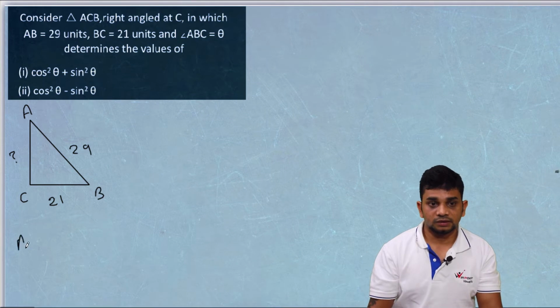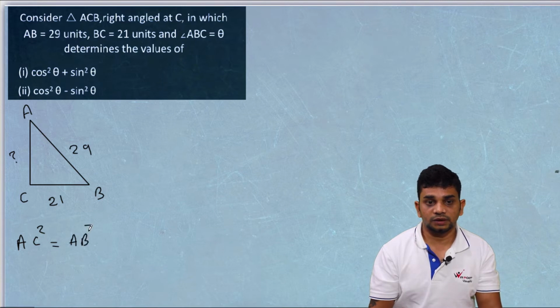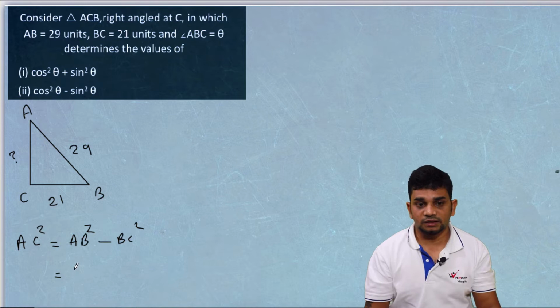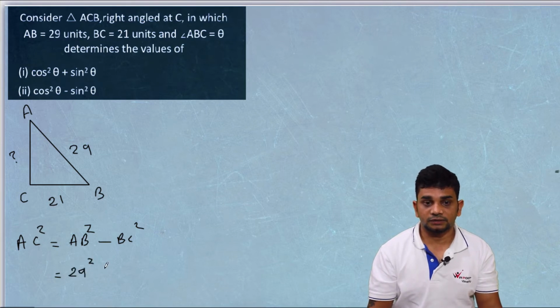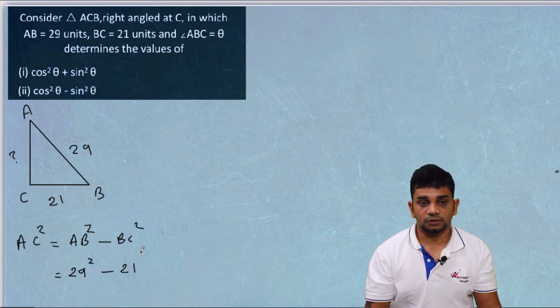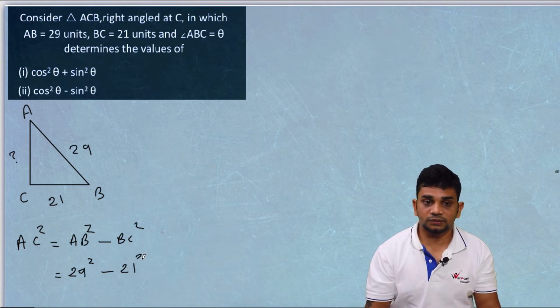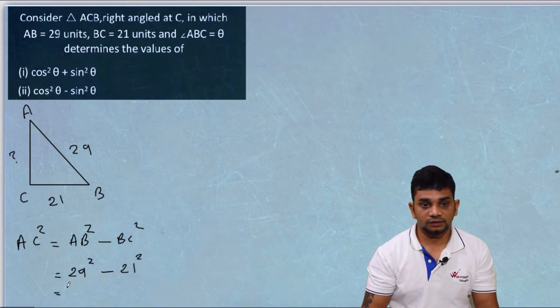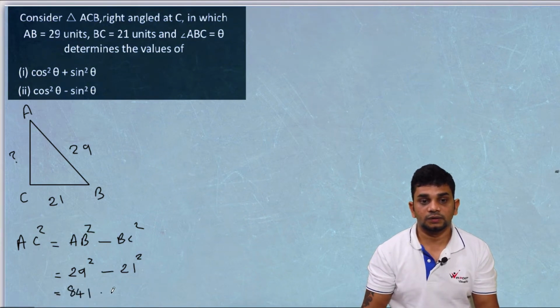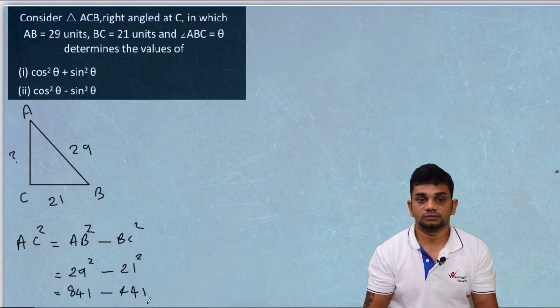First we need to write the equation. The equation is AC square equal to AB square minus BC square. AB is 29, so 29 square minus BC, which is 21, 21 square. 29 square is 841 and 21 square is 441.